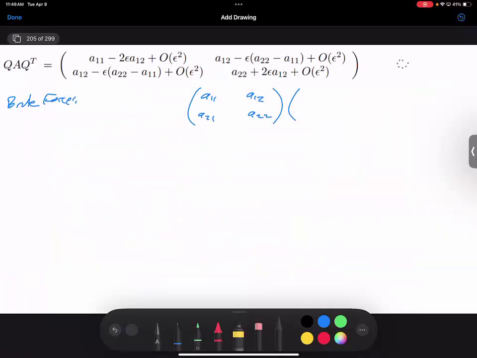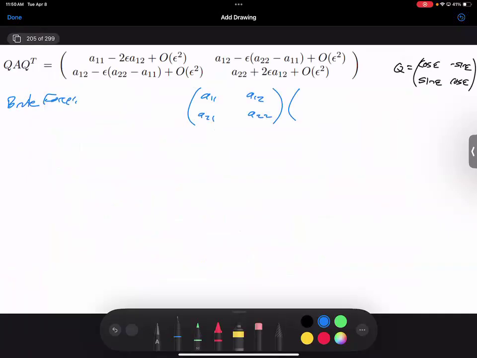So Q. Q was cosine epsilon, minus sine epsilon, sine epsilon, cosine epsilon. And so if we take Q transpose, the minus sign just goes down to the bottom.